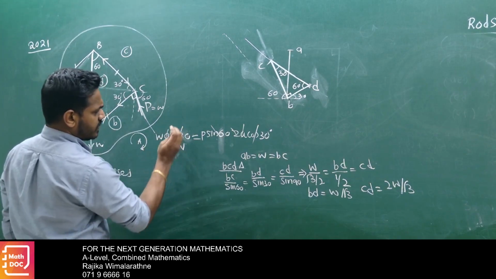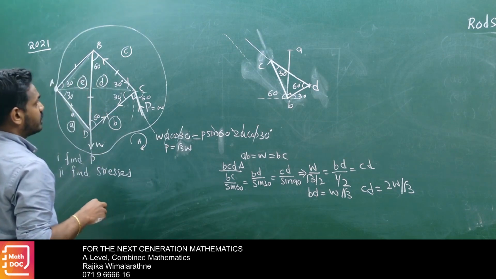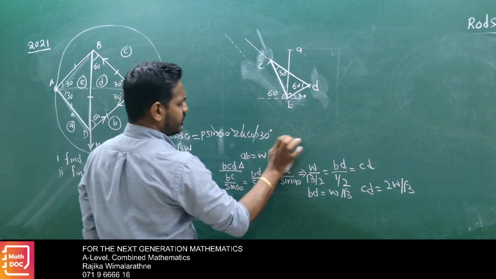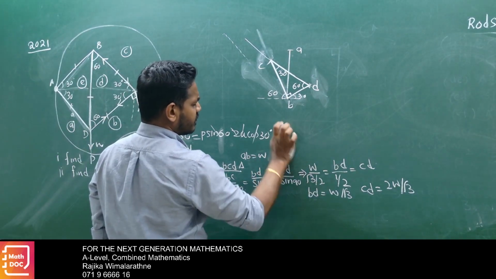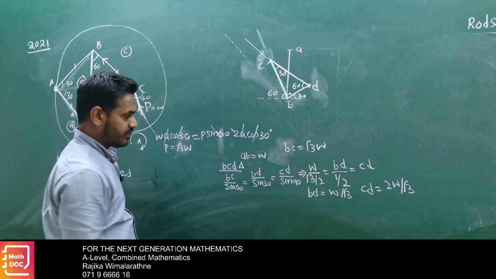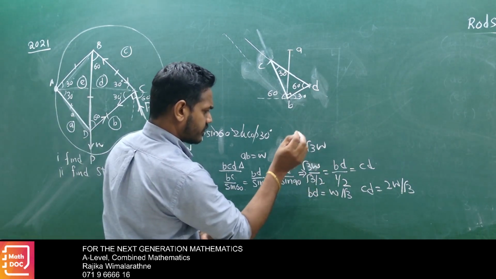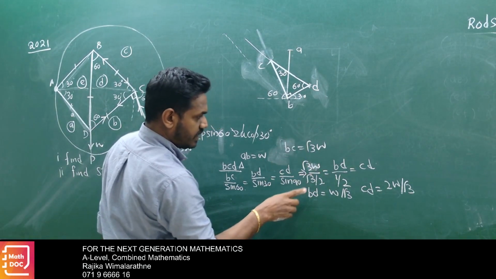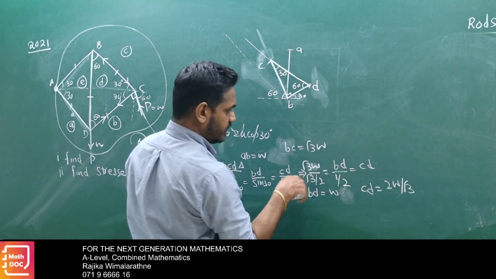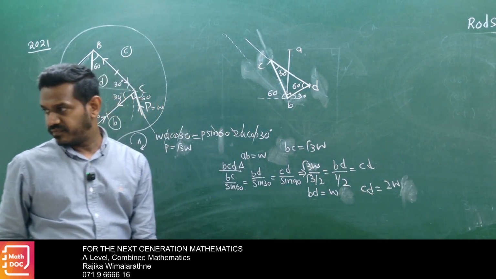Then here P will be root 3 W. BC root 3 W. Then here BD equal W. CD equal 2W.